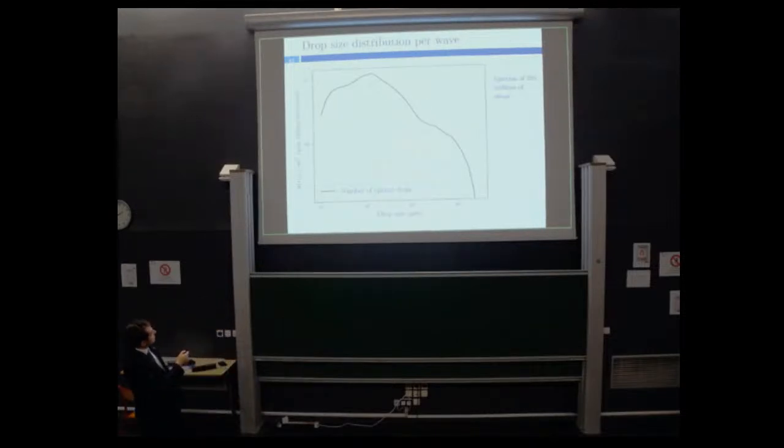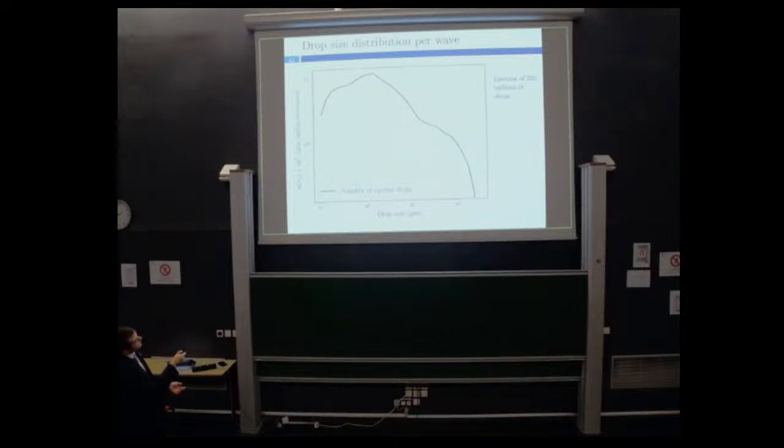So we are observing here how many droplets are ejected as a function of the droplet size per cubic meter per wave. We observe here a maximum of ejected droplets at approximately 1 micrometer, with approximately 11 millions of droplets. So the droplets that dominate in the breaking waves, the droplets that are the most produced, are the very small ones at 1 micrometer.